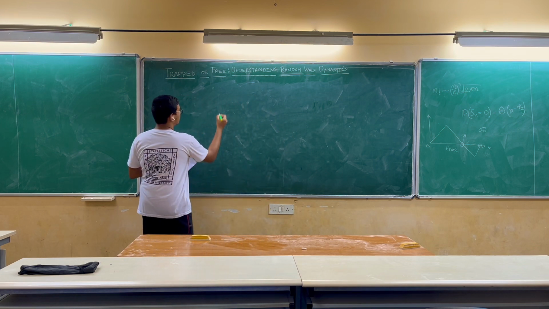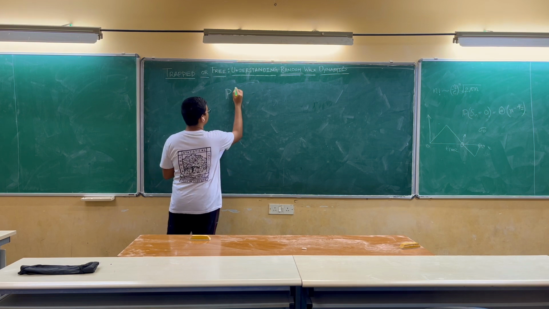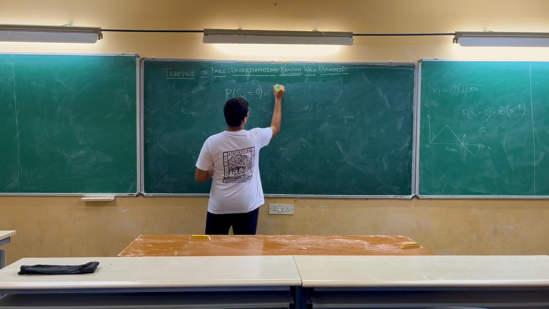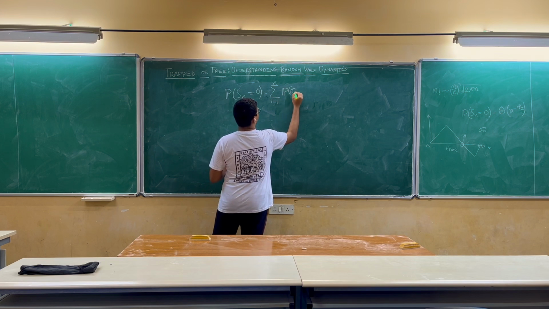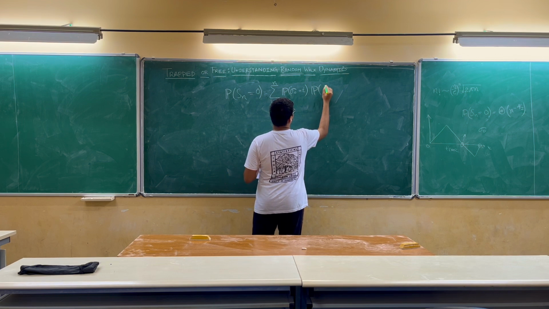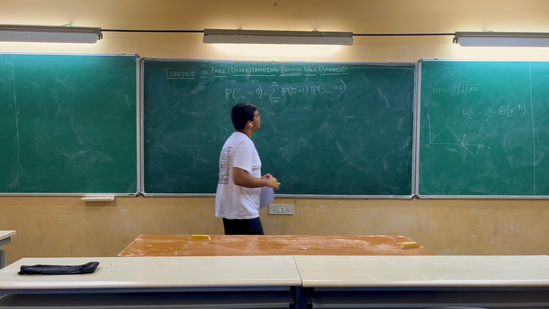So first of all, we start by claiming that the probability that S n is equal to 0 is equal to the summation of i running from 1 to n of the probability that sigma sub 0 is equal to i times the probability that S sub n minus i is equal to 0.